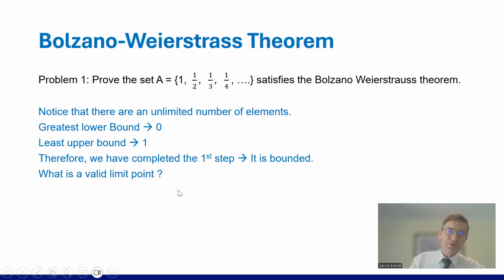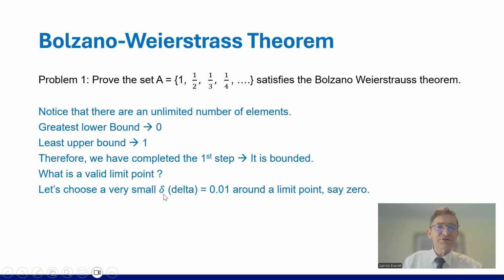What is a valid limit point? Well, you can take anything as a valid limit point within there. So let's just choose a small delta of 0.01 around some limit point. Well, let's pick 0. So we're going to say 0 minus 0.01 and 0 plus 0.01. So we're choosing some small delta around a limit point.